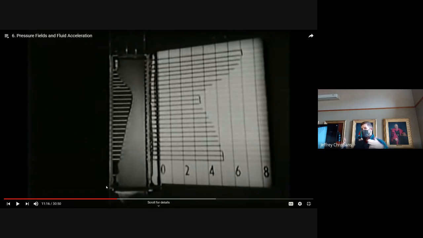We know at the contraction, that's where we're at our lowest pressure. And then at our expansion, velocity goes down, pressure goes back up. But it doesn't go all the way back up to where it used to be. So we're going to look a little bit more in depth at what's actually happening in the fluid that's causing the head loss that we see.